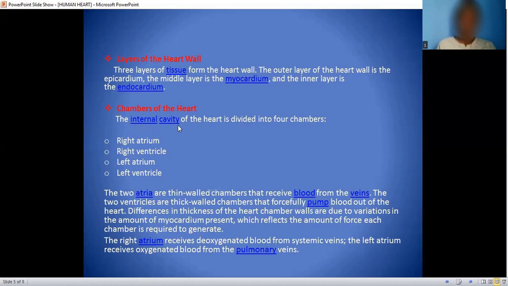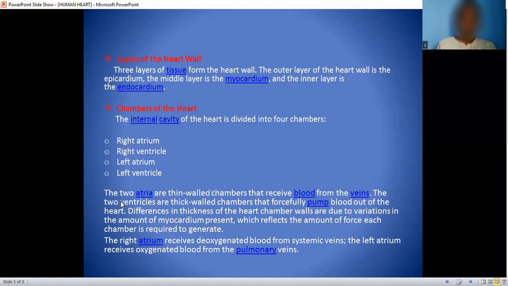Chambers of the heart. The internal cavity of the heart is divided into four chambers: right atrium, right ventricle, left atrium, and left ventricle. The two atria are thin-walled chambers that receive blood from the veins.